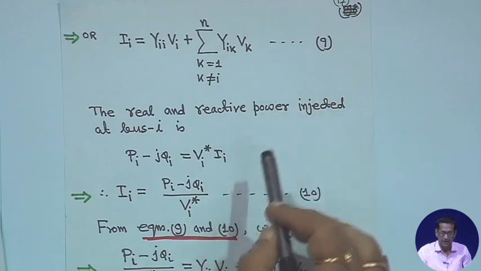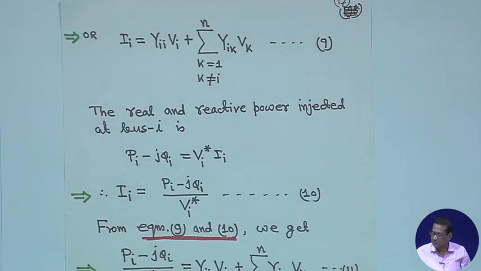This is equation 9, right. Now, when we were talking about transmission line characteristics, at that time I showed you that P minus jQ is equal to V conjugate I, and I told you that the conjugate is required just to capture the power factor angle, when voltage and currents are purely sinusoidal.